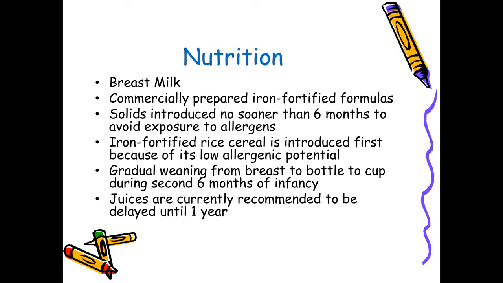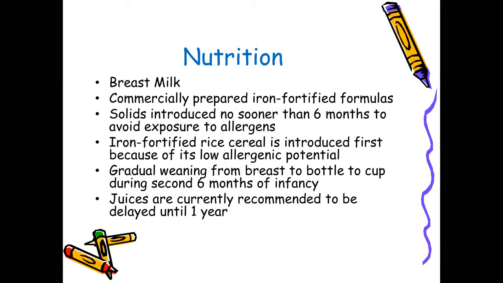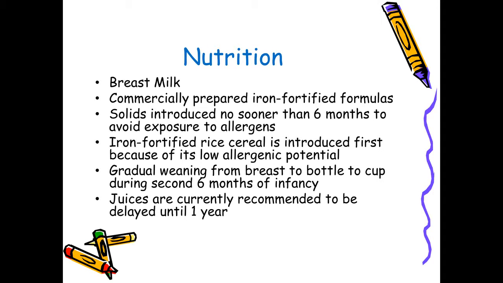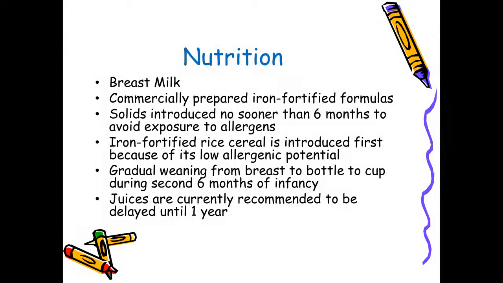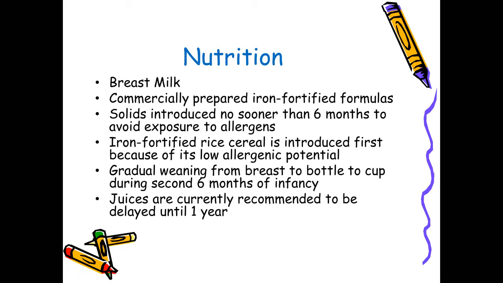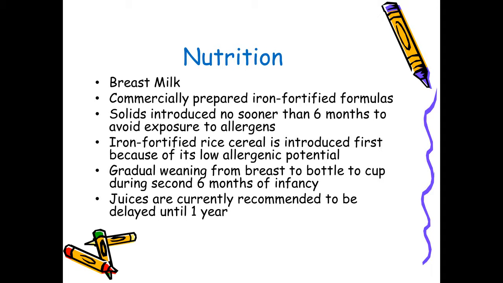foods. We strongly encourage mothers to introduce foods one at a time, and this is related to allergies. They should start off with rice or oatmeal. Okay, and that is because rice has been found to have the least amount of allergies.